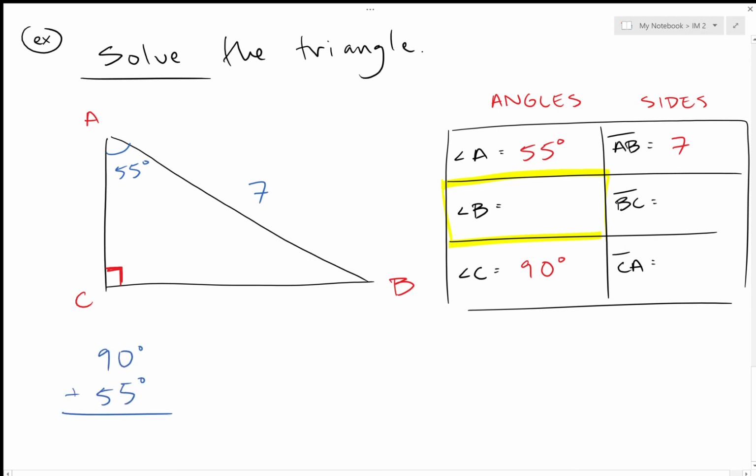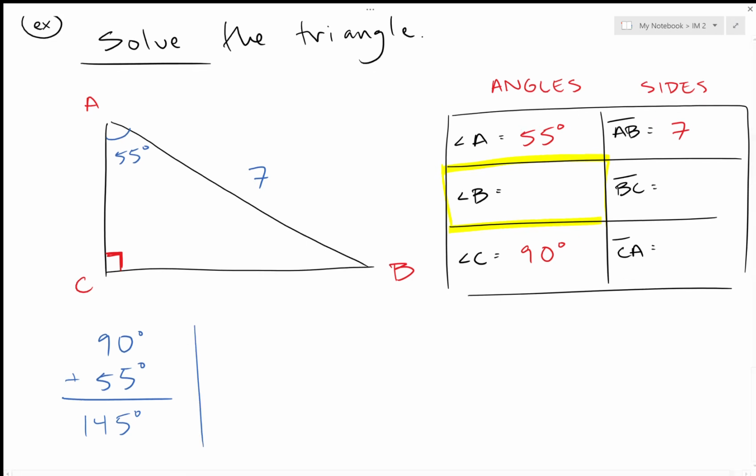Adding those up gives me 145 degrees. Now that's not the answer for B, but that helps me get there. I subtract that number from 180 degrees, and whatever's left, that's what angle B is. And in that case, it is 35 degrees. So angle B is 35 degrees.